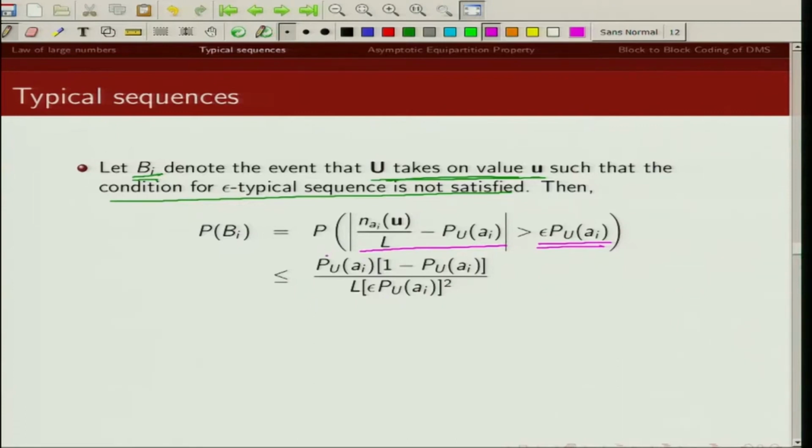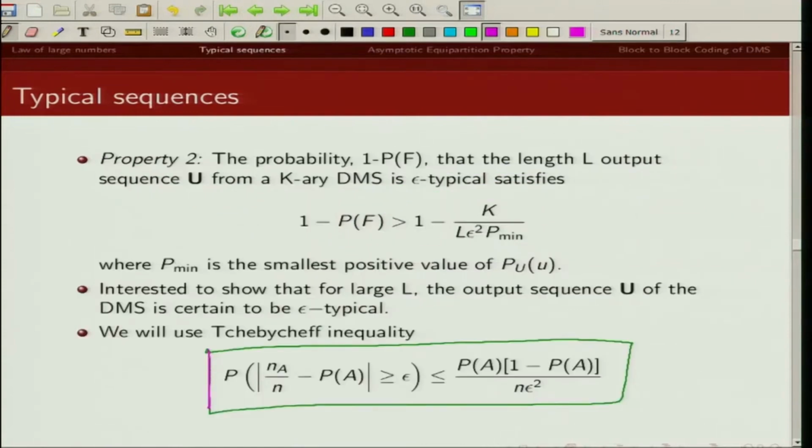So what's the probability of occurrence of this? We can invoke the Chebyshev inequality, and the result that we have shown here, to get an upper bound on this probability.